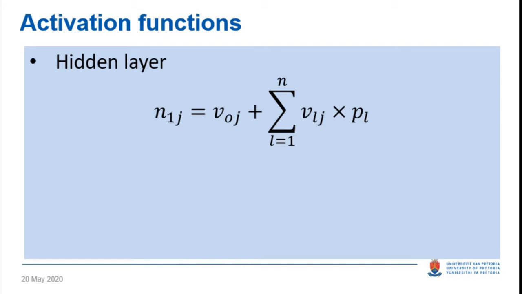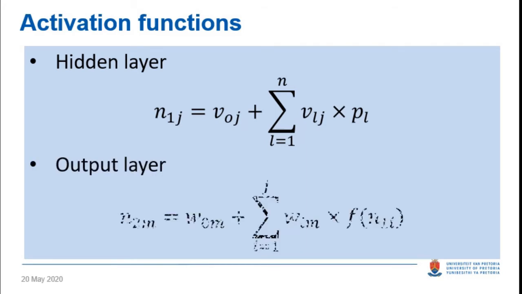And again, we're taking the sum of the bias, which here is V0J, and the weighted sum of the inputs. Your inputs are going from 1 to n, and P represents your inputs, and VLJ represents your weight going from the input layer, indexed by L, to the hidden layer, indexed by J.